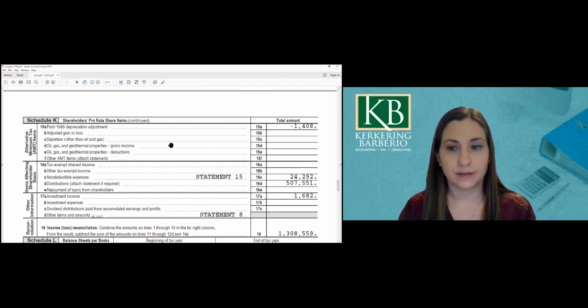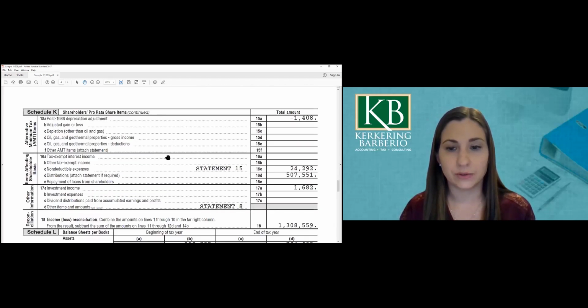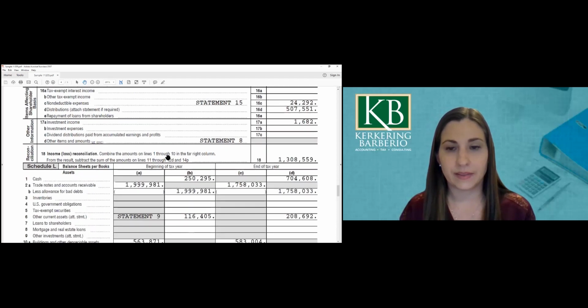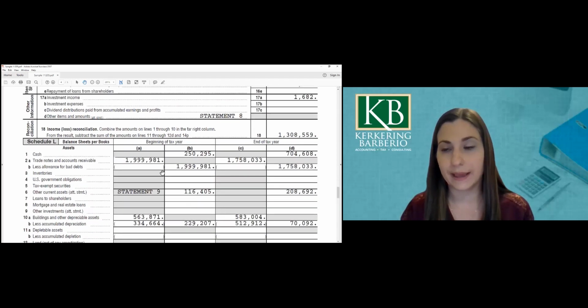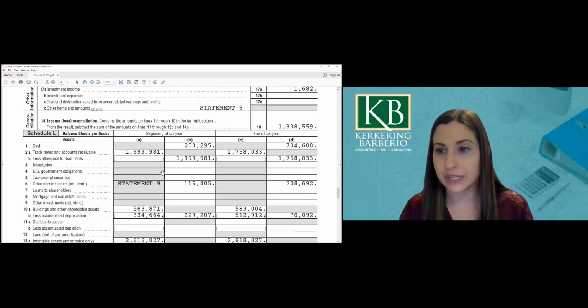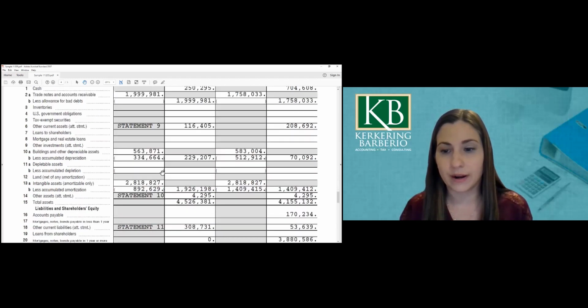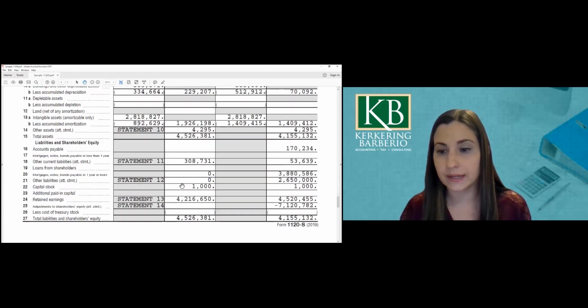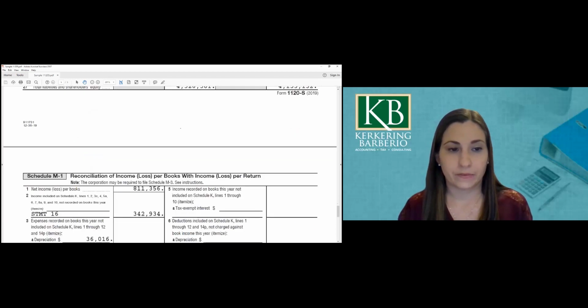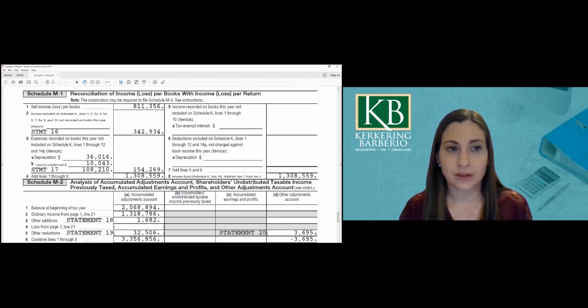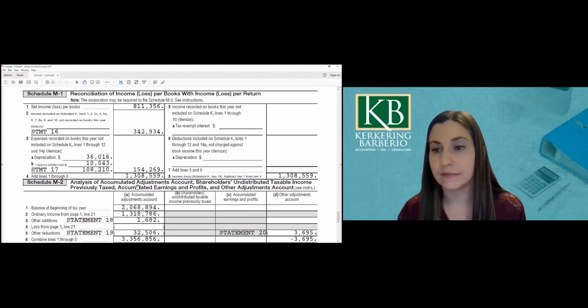And Schedule K continues on, and that takes us to our Schedule L, which is our balance sheet. This is where our assets and liabilities are reported, and our equity and retained earnings. The last page is our Schedule M-1 and M-2, or analysis of accumulated adjustments account.